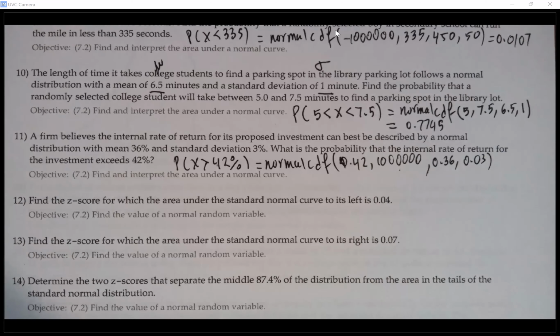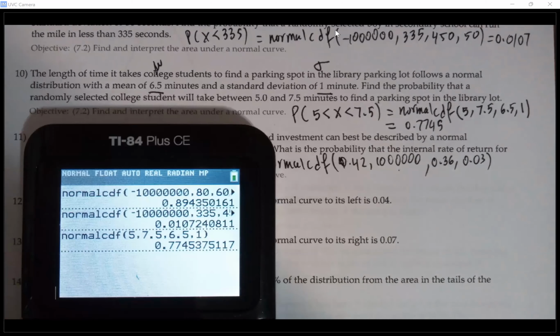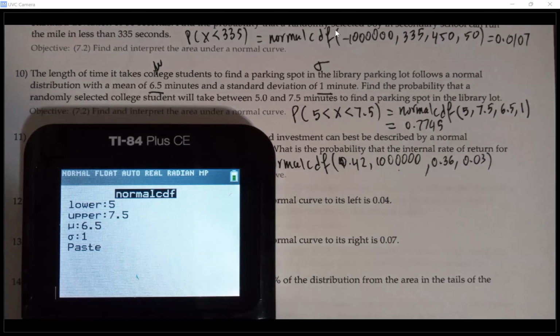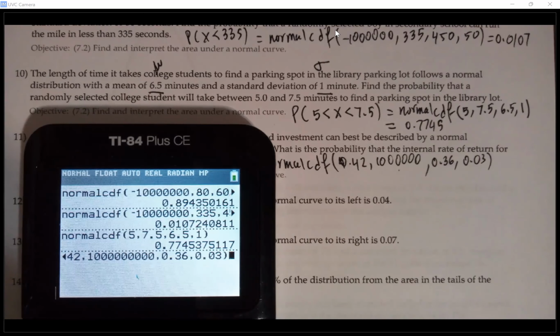Let's see what the answer is. Second, distribute, normal CDF. So I got 0.42, 1 million, 0.36, 0.03. I got 0.0228 as an answer.